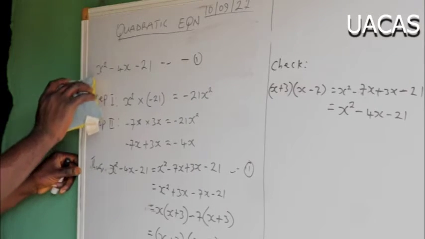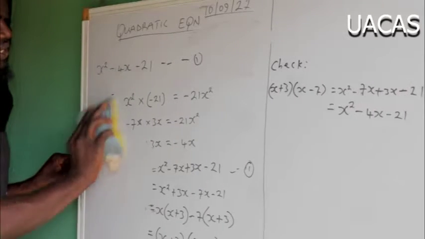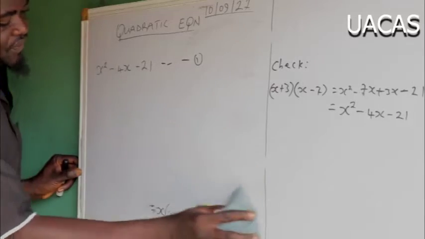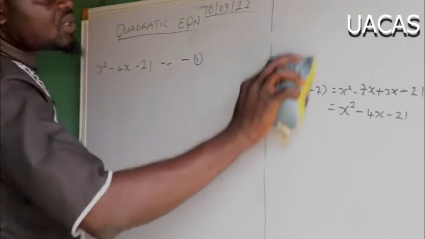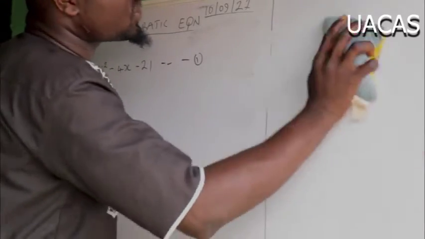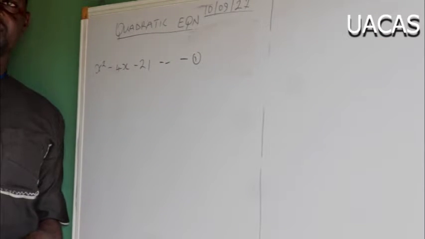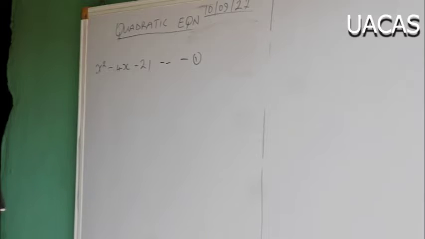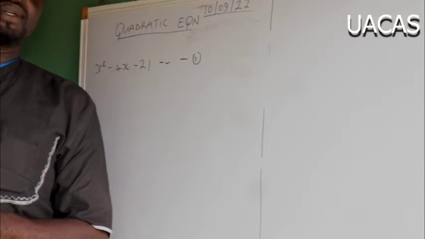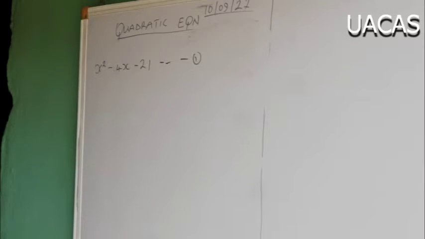So let's go properly to quadratic equation. The first method of solving quadratic equation is the factorization method. Now, this is an expression.